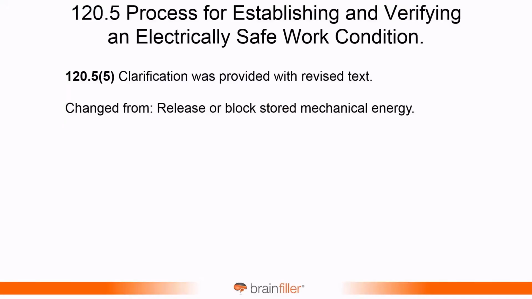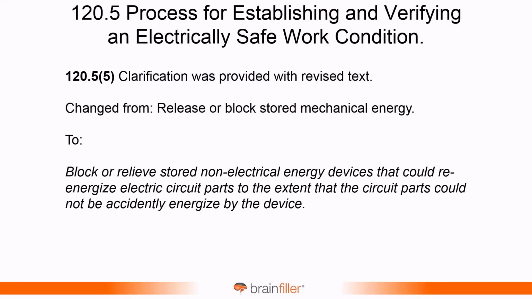So this was tightened up a little bit, and the new and improved version of it is "block or relieve stored non-electrical energy devices that could re-energize electric circuit parts to the extent that the circuit parts could not be accidentally energized by the device." So this is now focusing on the electrical system.